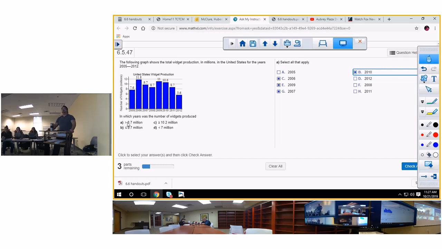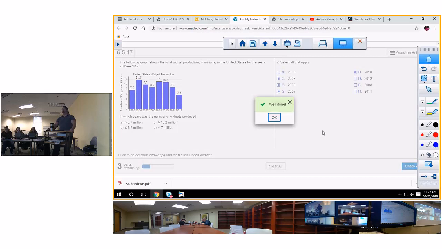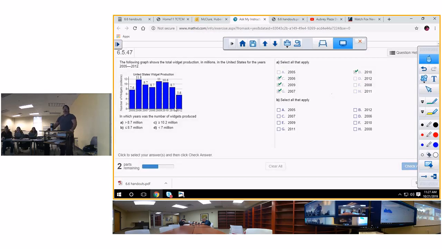Why did I not pick the 8.7s? Because it has to have an equal sign. And we went over that the first day we went over inequalities. Less than or equal to 8.7. 5, 8, 11, 12.